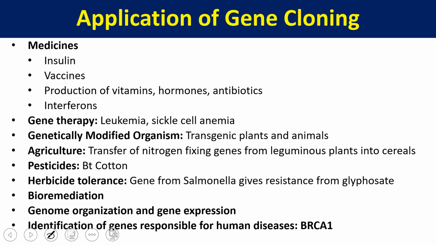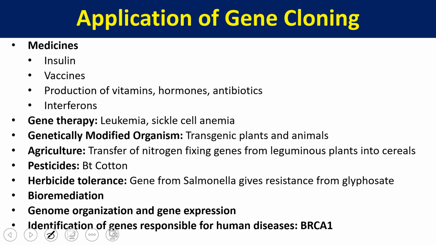Vaccines, currently you might have heard about the COVID vaccines. Almost all the different types of COVID vaccines are produced by gene cloning only. Then production of many vitamins, hormones, antibiotics, a number of interferons, cytokines, all these are for the treatment of specific diseases with the help of gene therapy, like leukemia and sickle cell anemia. There gene cloning is required.